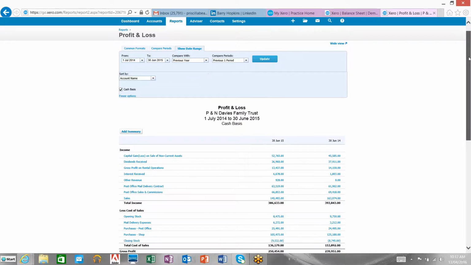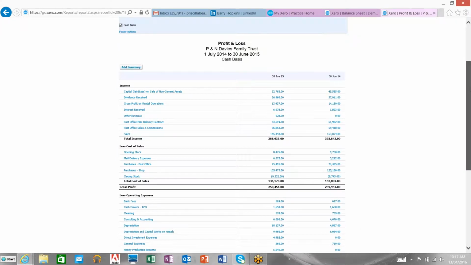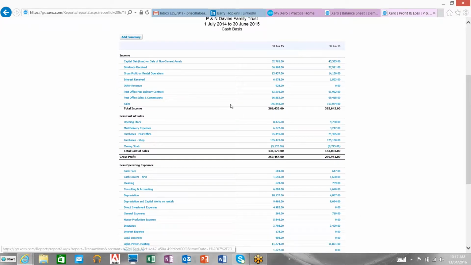Now, let's go. First, on the profit and loss, we're going to see income. Income is always a credit for us. Now, the trading account, which we call stock and purchases and closing stock.